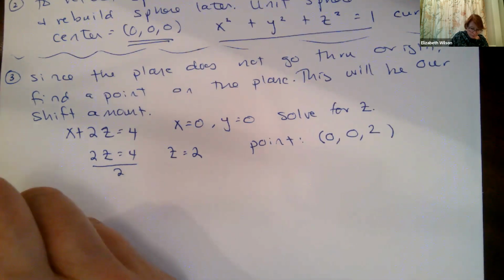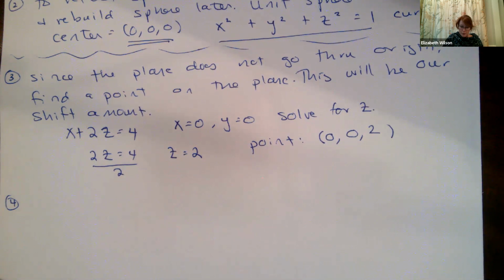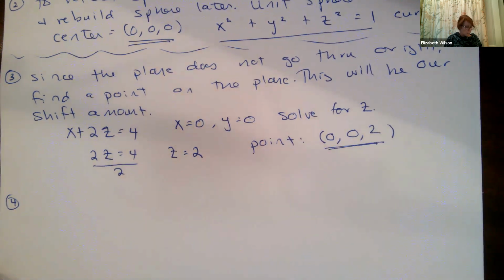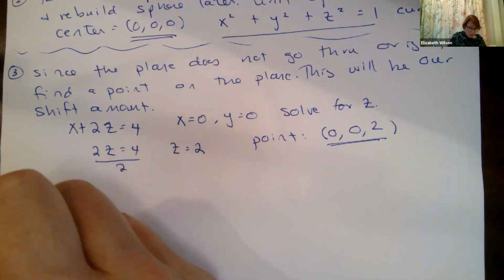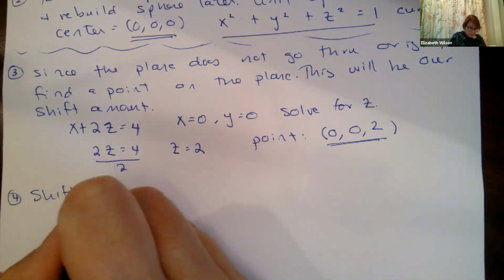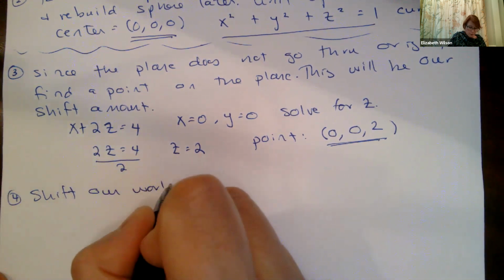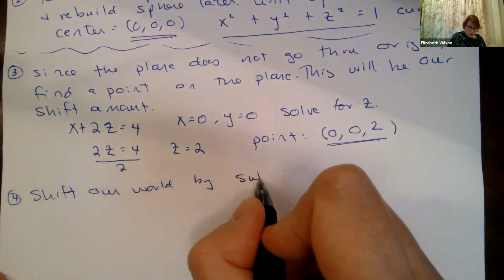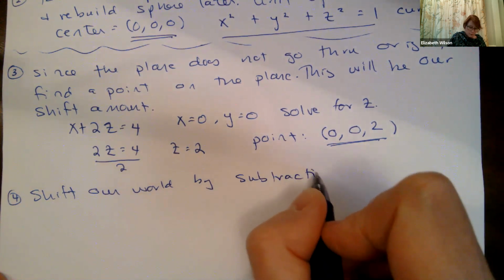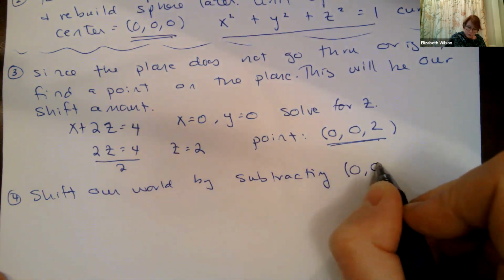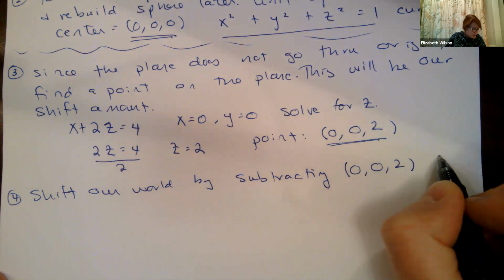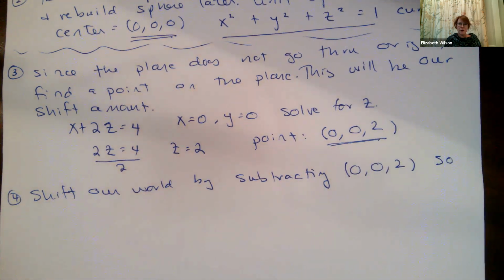Okay. Now, this is the amount that we're going to shift our world by. So we're going to shift our world by subtracting 0, 0, 2, this point right here. We're going to subtract that from our center, right? Because I'm going to shift everything up by 0, 0, 2, okay?